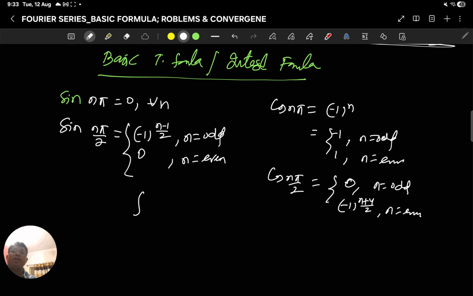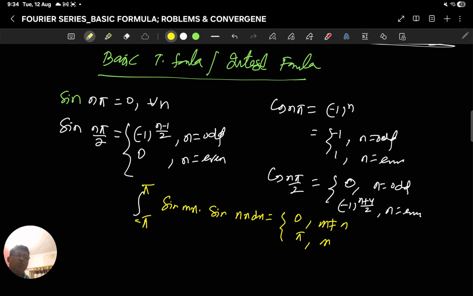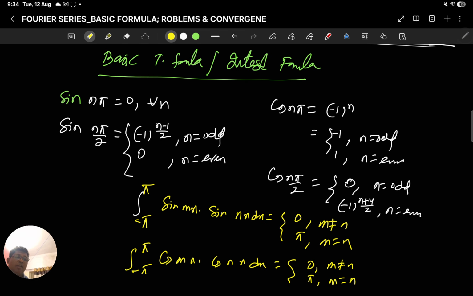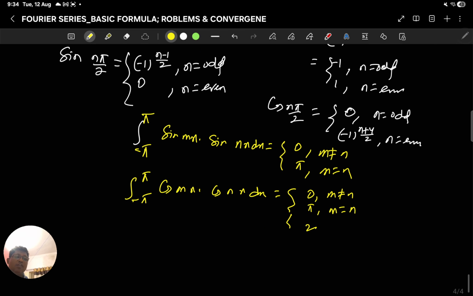Similarly, some trigonometric orthogonality properties. Here, from minus pi to pi, the integral of sin mx into sin nx dx is equal to 0 for m not equal to n, and pi for m equal to n. Similarly here, from minus pi to pi or 0 to 2 pi, the integral of cos mx into cos nx dx is equal to 0 for m not equal to n, pi for m equal to n not equal to 0, and 2 pi for m equal to n equal to 0.